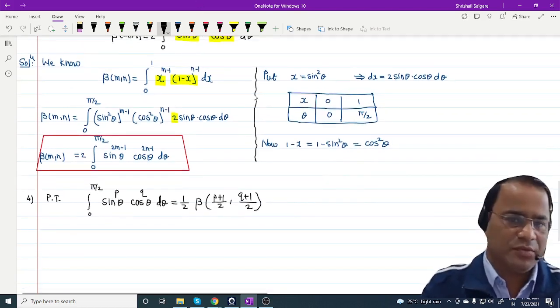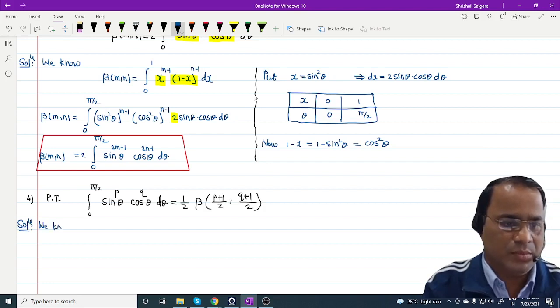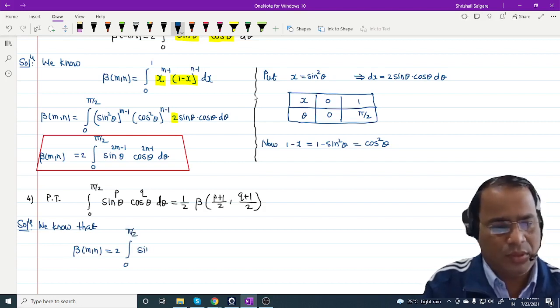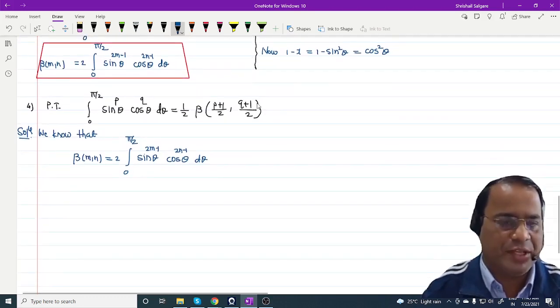Can anyone tell what we have to do here? The answer is in front of you. Meanwhile, I will write the statement earlier. We know that beta of m, n is given by 2 times the integral 0 to pi by 2 of sin theta raised to 2m minus 1 into cos theta raised to 2n minus 1 d theta. If you compare both integrals, because in the beta definition we don't have p and q, what substitution or values do we have to use?